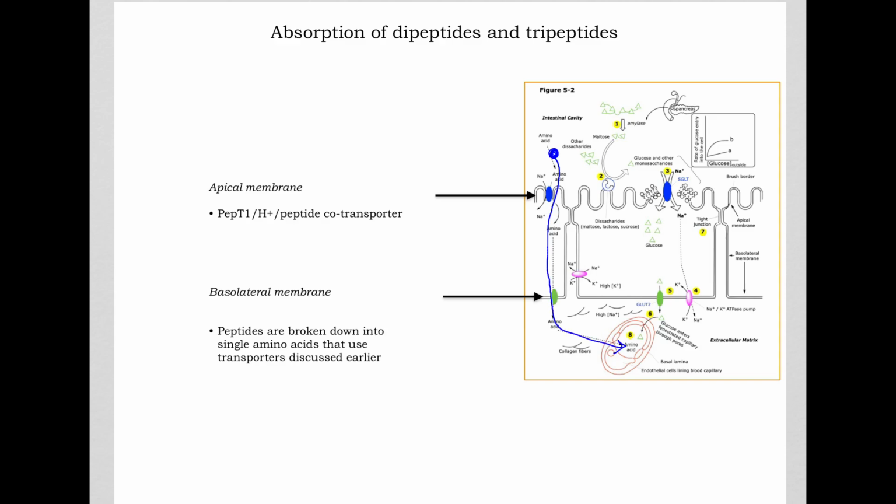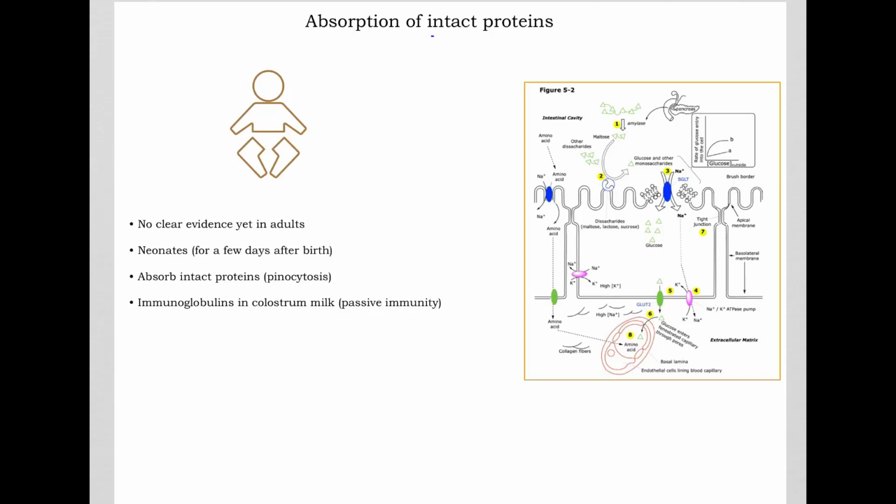So that's how the amino acids are transported from the intestinal cavity into the intestinal cells and then eventually into the bloodstream. Now, what about intact proteins? Do we absorb intact proteins? So the latest research shows that adults probably do not absorb intact proteins, or we absorb very, very negligible amounts, if any.